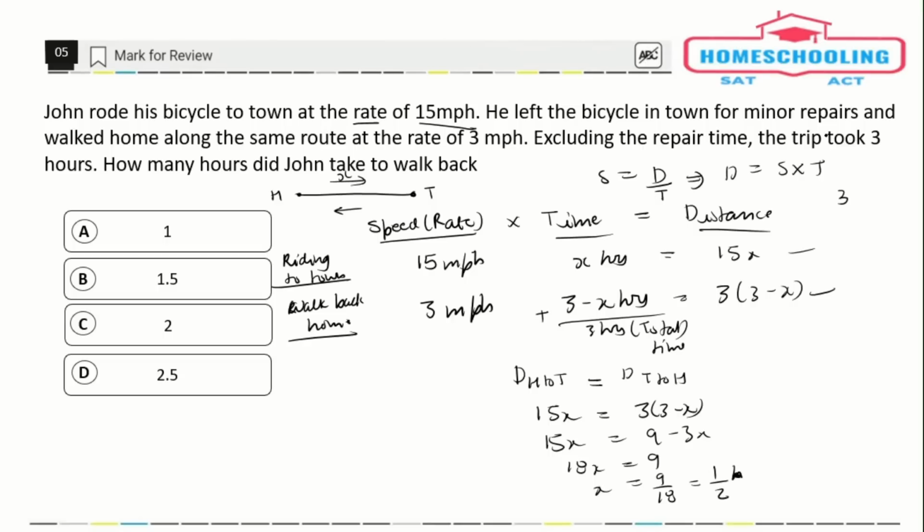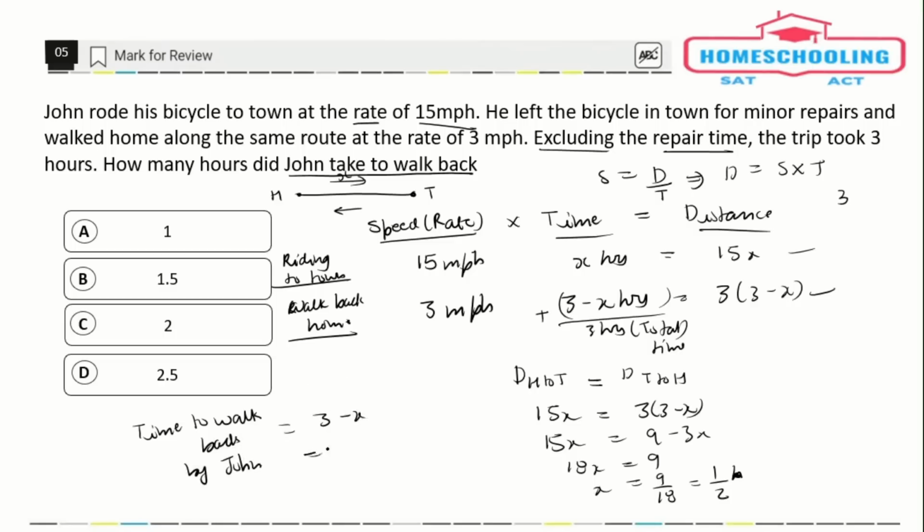Because here we have excluded the repair time, in the question it says that the trip took 3 hours. So how many hours did John take to walk back? The time to walk back by John is 3 minus x.